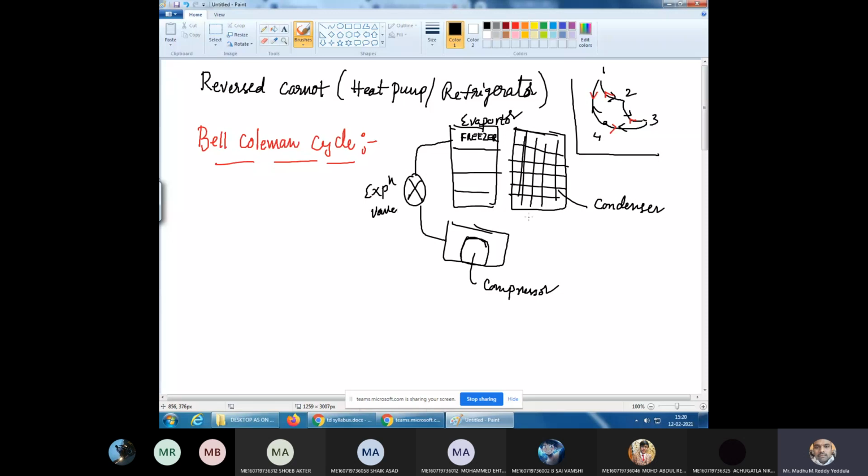And from compressor, condenser, expansion, evaporator, right? So the series will be like this.